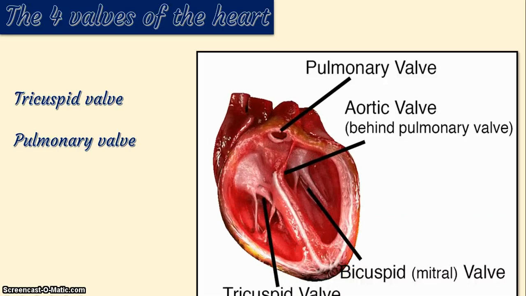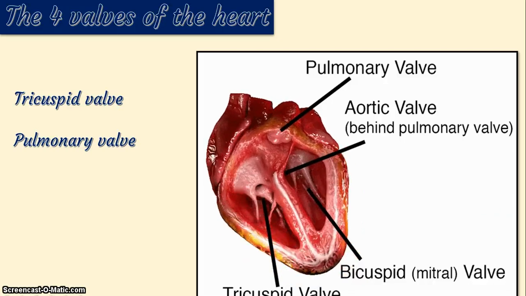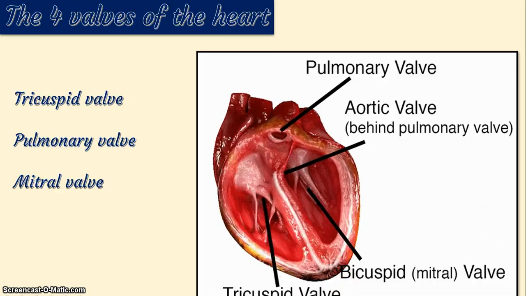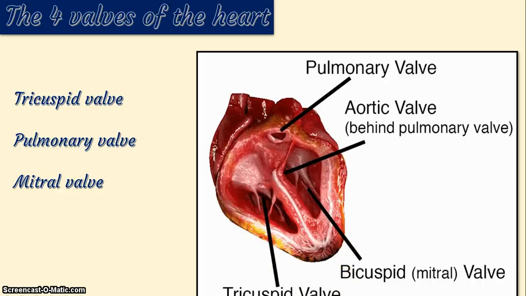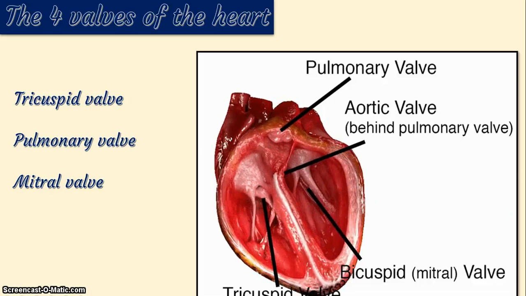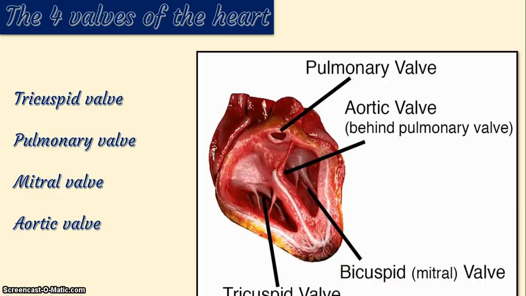From the lungs, the blood becomes oxygenated and enters back into the heart through the mitral valve. And from the mitral valve, the blood, which is now oxygenated, goes out of the heart to other parts of the body through a valve called the aortic valve.